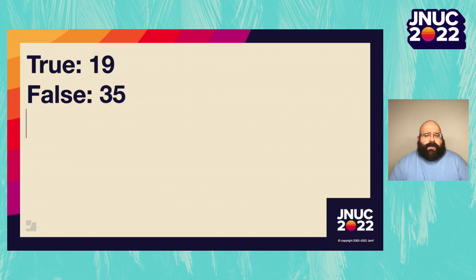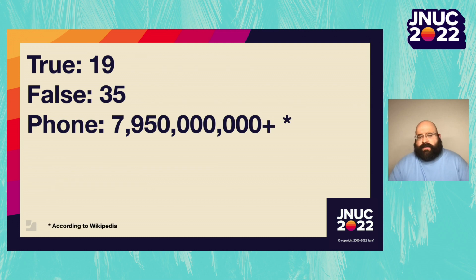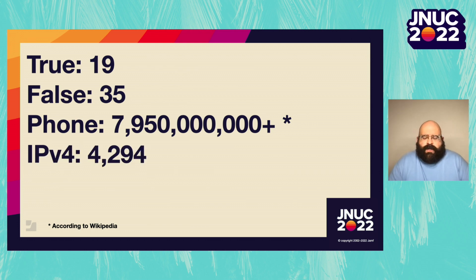But what about phone numbers? What if I want to validate a phone number? Well, according to Wikipedia, we're sitting at about 7,950,000,000 phone numbers and climbing. That's a compound if statement that's not going to work in any scripting language that I'm aware of. Okay, well, we won't do phones. What about just IPv4s?